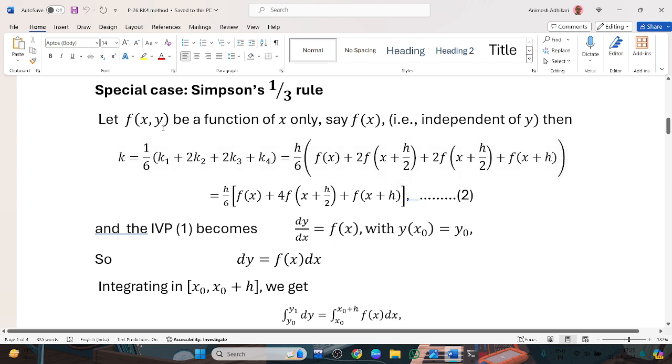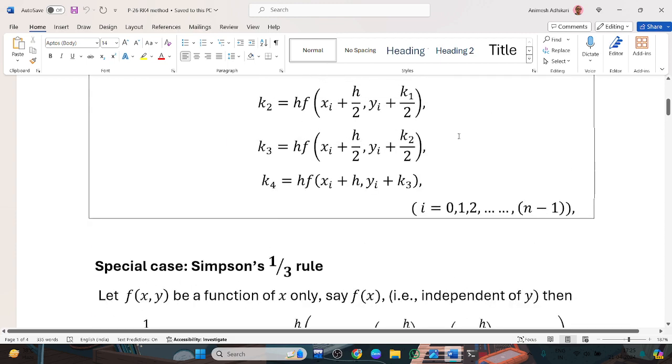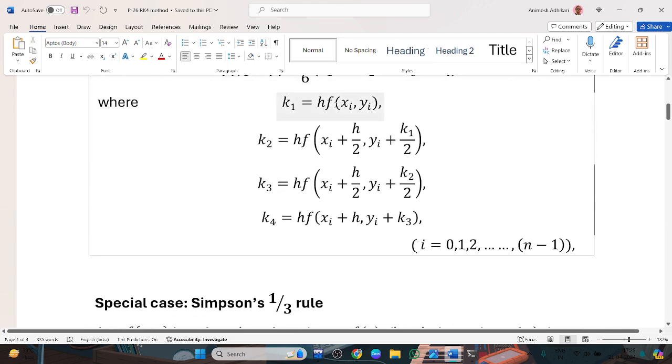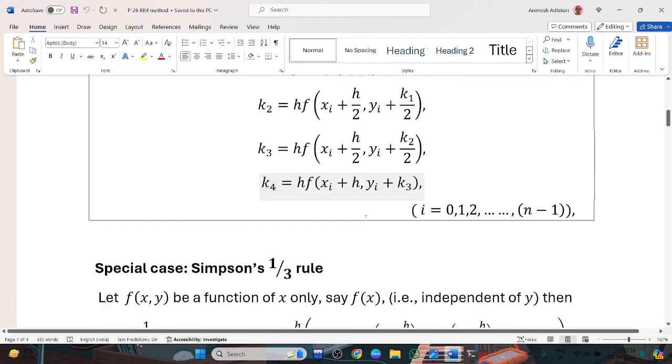Obviously the term y is absent. So k1 equal to h into f(xi, yi), absent this yi, so k1 equal to h into f(x), k2 equal to h into f(xi plus h/2), and absent this term, k3 equal to similarly h into f(xi plus h/2), k4 equal to h into f(xi plus h).